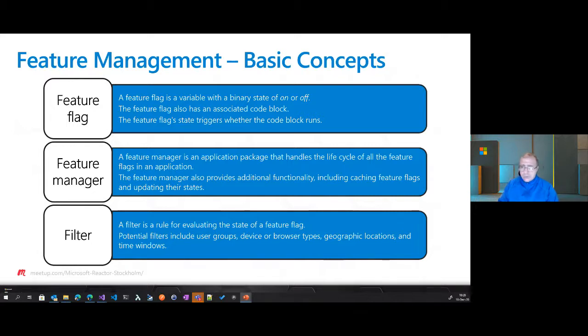You can have, I don't know, a geographic location and time windows and so on. So it's not a simple on-off switch, but maybe an on-off with a filter. So the on is for all the users, but you can have all the users for a particular device or all users for a particular browser and so on. So you can interact with the feature manager and the feature flag with different filtering.